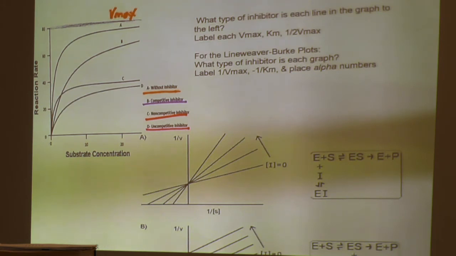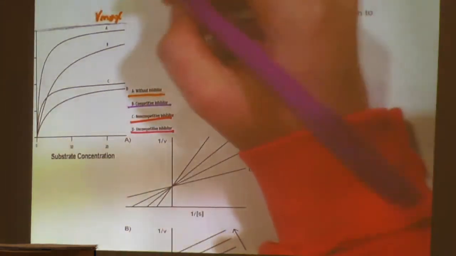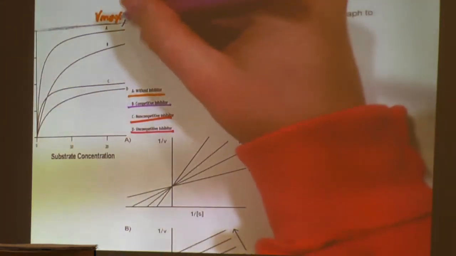Which one is it? I know there's a table in your PowerPoint somewhere. Your competitive inhibitor shares a Vmax with the enzyme without an inhibitor.